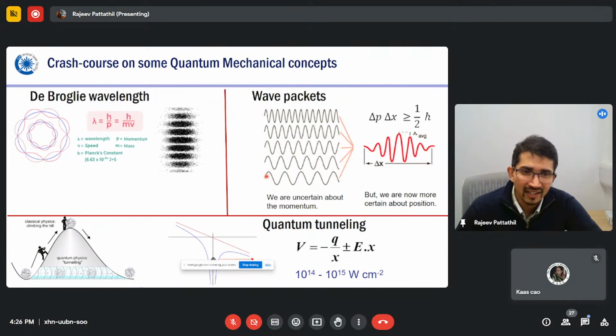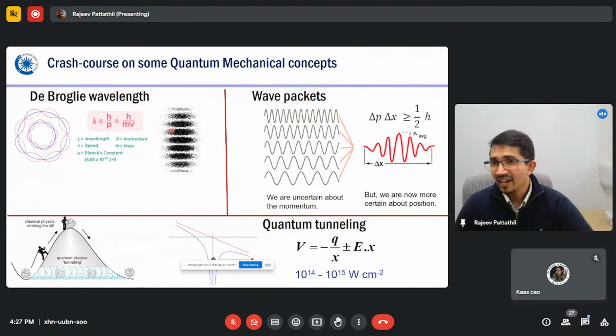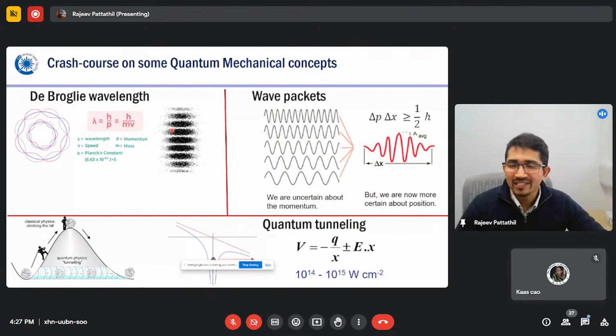Any matter in general terms has a wave nature as well, and this was proposed by De Broglie, and this has actually been experimentally proven. And this interference pattern that you see here is not obtained by light; it's actually obtained by electrons going through two slits. So the classic double slit experiment was done using electrons, and they actually produce an interference pattern. So we know that any particles have also a wave nature, which is good.